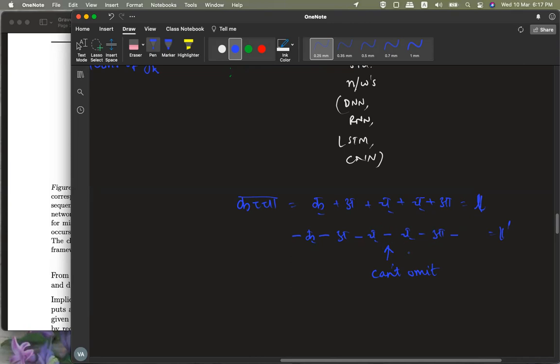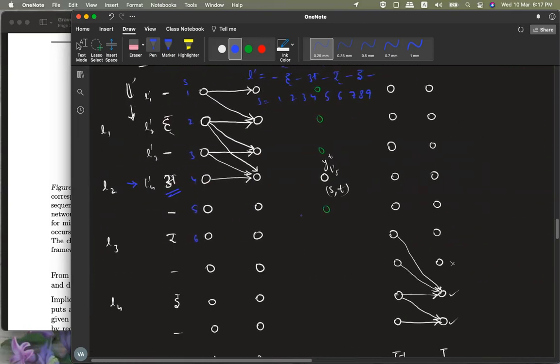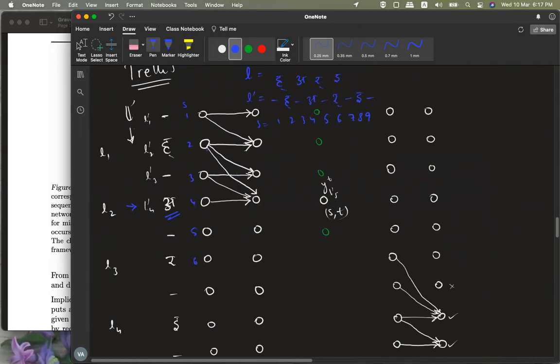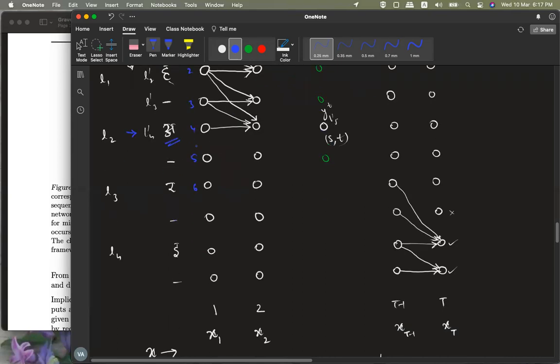So basically, whenever your L dash at some particular s is the same as L dash at s minus 2, then the blank cannot be omitted, cannot be skipped. Now see here, you are allowing the phoneme to phoneme transition by skipping the blank. But this skip will not be allowed if this phoneme is the same as this phoneme, right?